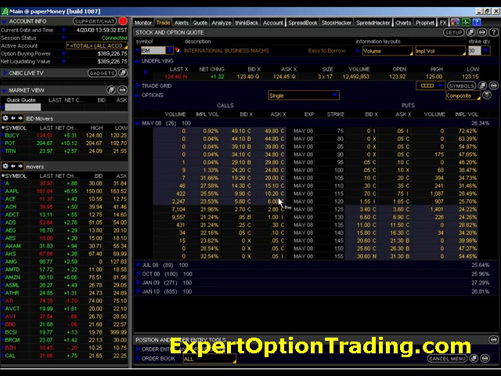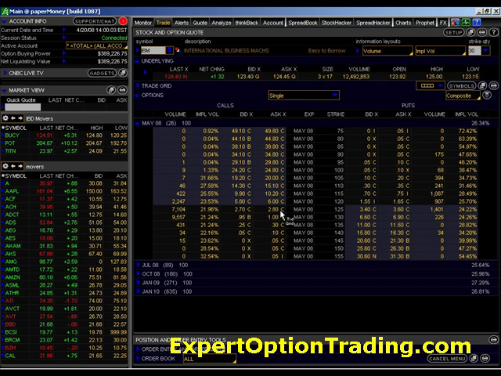Most speculators in the market buy what we call at the money options. Right now, IBM is trading at $124.40. The closest option to that price is the 125 option, and if you wanted to buy it, it's $2.80.